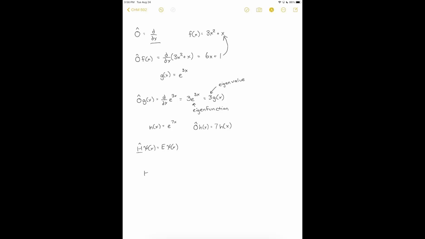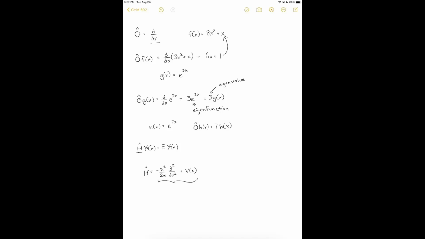And in this case, our H operator is a little bit more complicated than one derivative. It's negative h bar squared over 2m times two derivatives with respect to x, plus the potential energy. And so you can see if we were to take this operator and apply it to our wave function psi of x, we would get the Schrödinger equation.